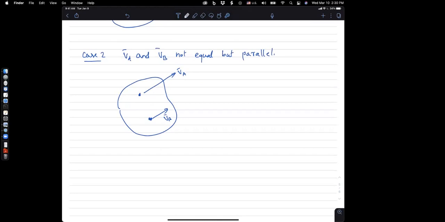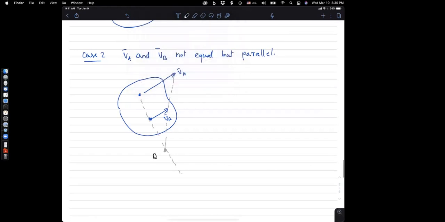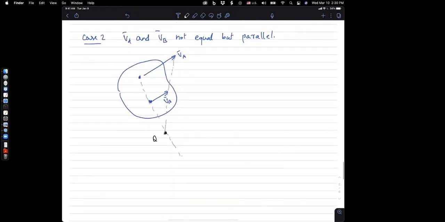Then what you do is draw this line, extend it out, and connect the heads of these two vectors, and that's your Q. This is the instantaneous center of rotation.